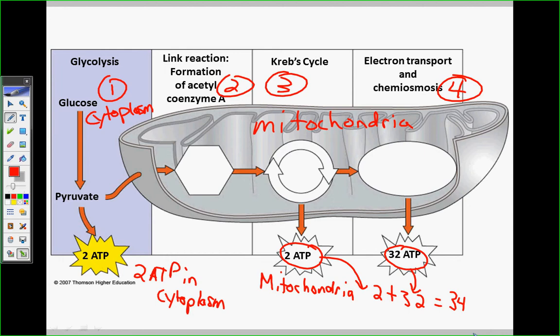How many net ATP? One glucose nets 36 ATP. Okay. So one glucose can net 36 ATP. Good.